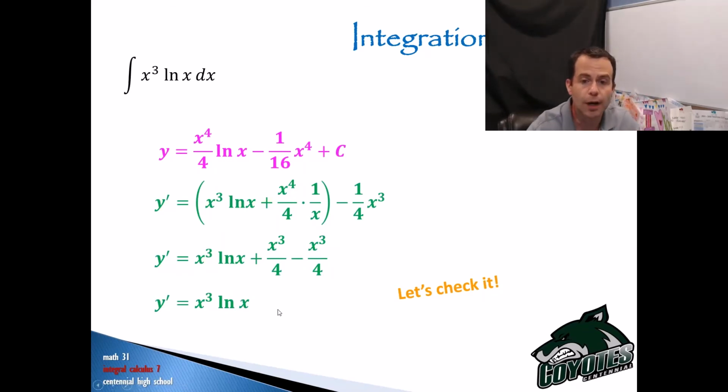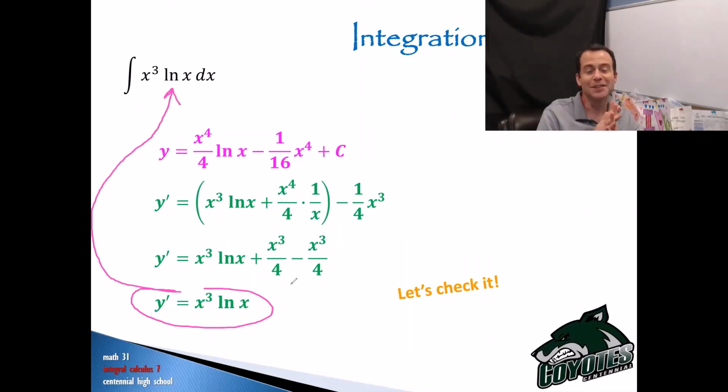Okay, so I did in fact end up getting what I had in the original spot. So integration by parts is a way to anti-differentiate functions that would have involved the product rule had I been going the route of differentiating.